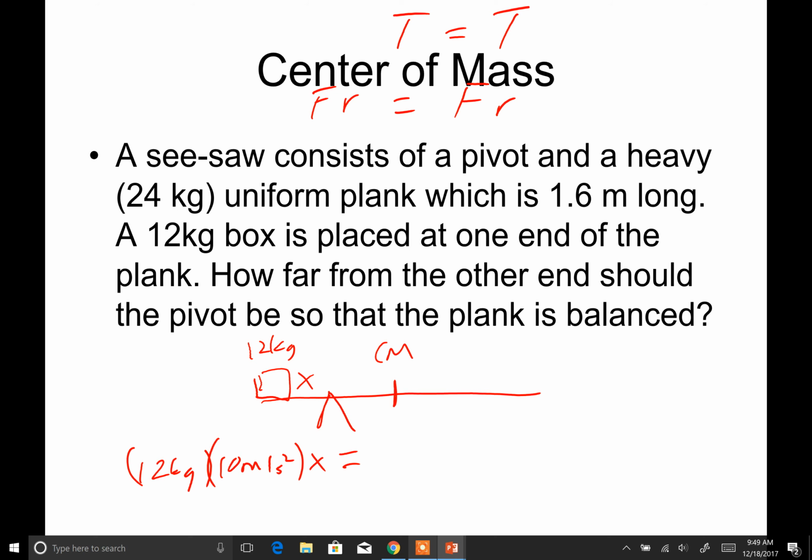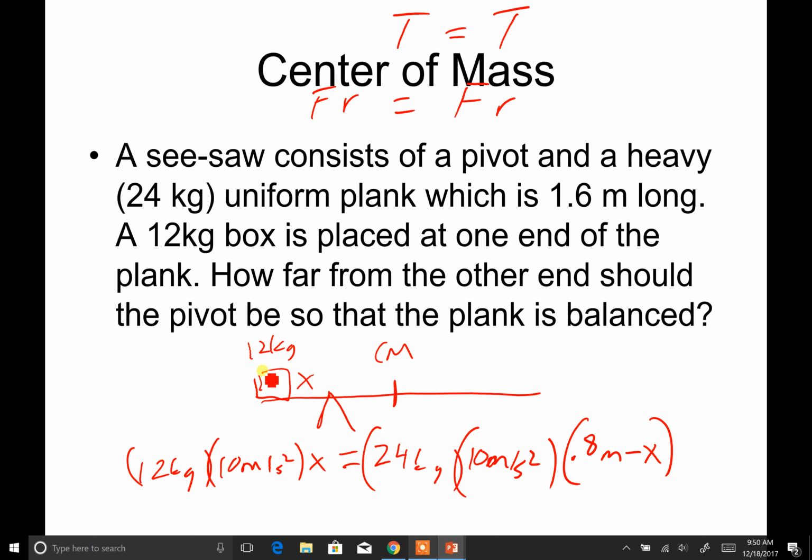Well, the torque on the other side is caused by the weight of the board itself. So that's going to be the 24 kilogram board. Again, multiply by g so that it becomes a force. If the distance between the box and the fulcrum is X, then the distance between the fulcrum and the center of mass has to be 1.6 meters minus X. I'm sorry, 0.8 meters minus X. Because the whole board is 1.6 meters long.